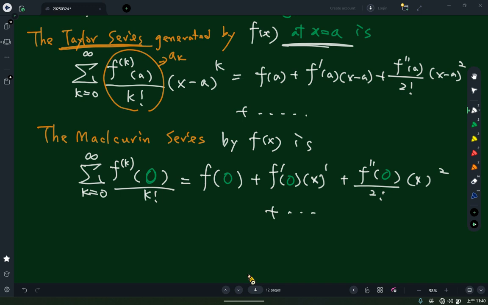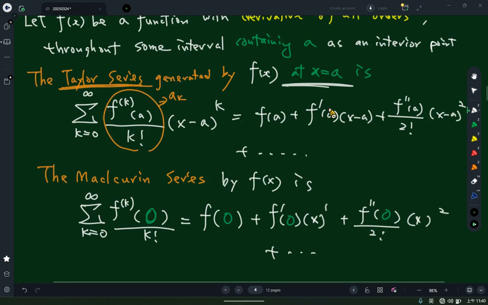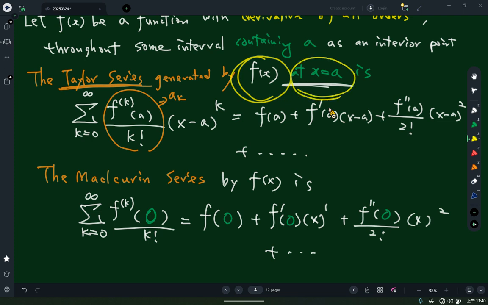So when someone asks you for the Taylor series of some function, normally they will give you two important parameters. The first one is the function, and the second one is what a is. But for Maclaurin, you just focus on f(x), because a here is equal to 0.